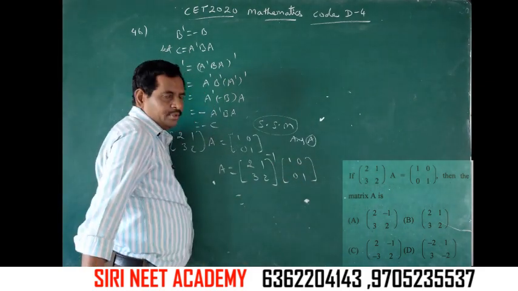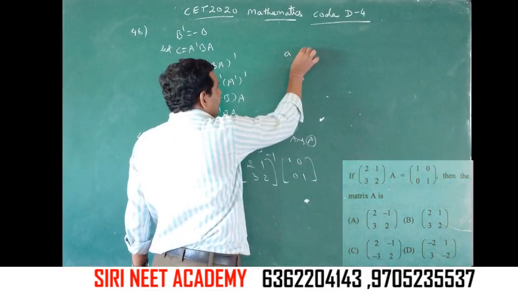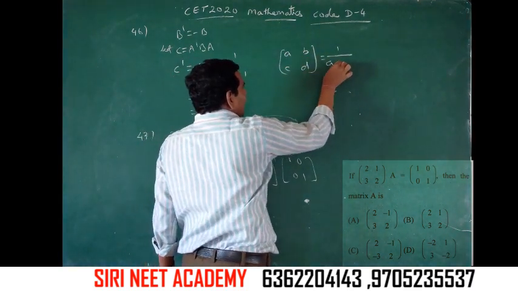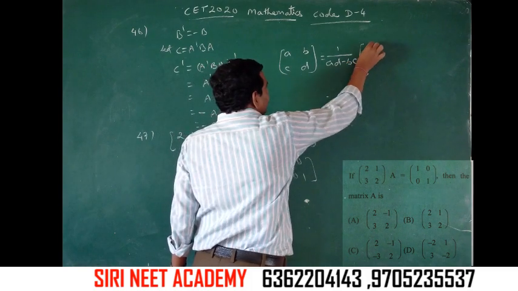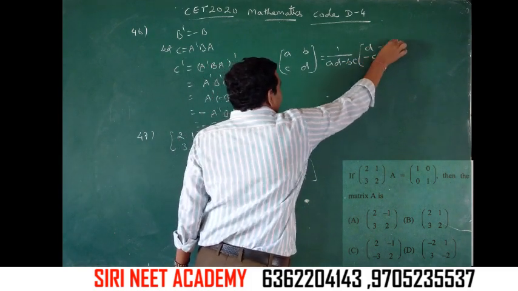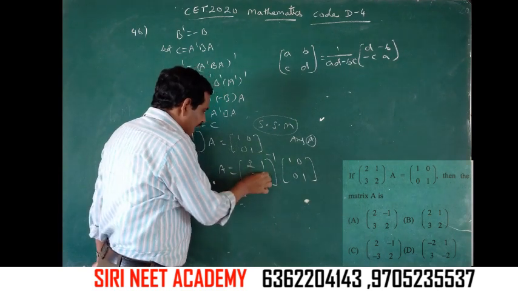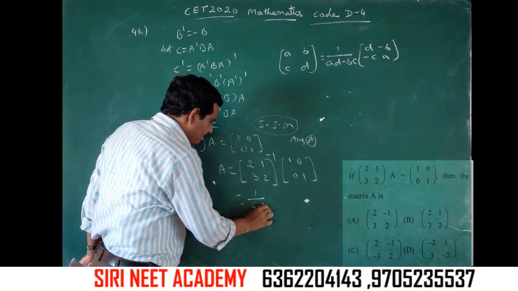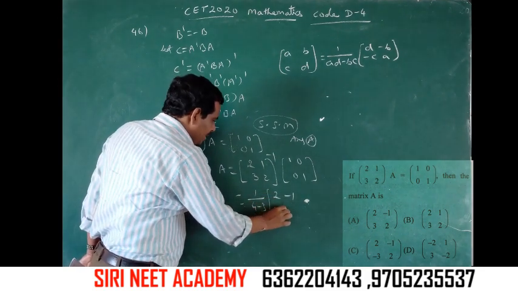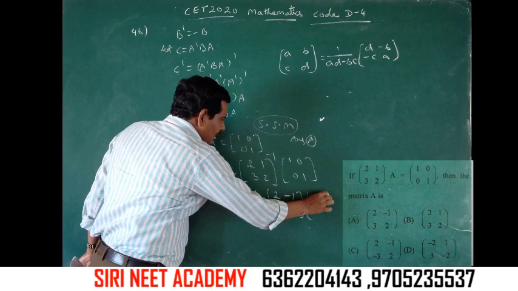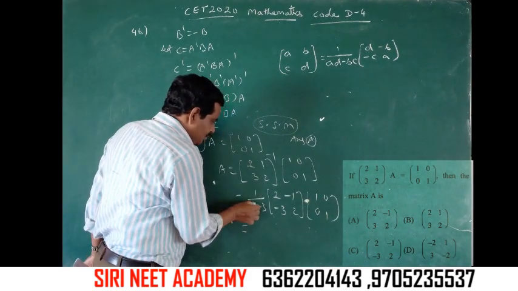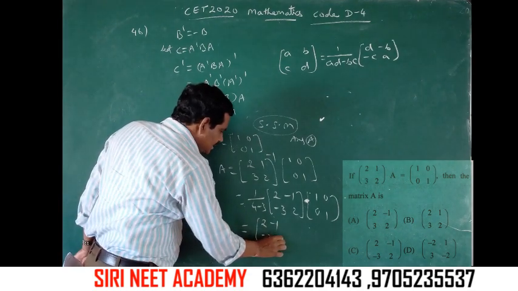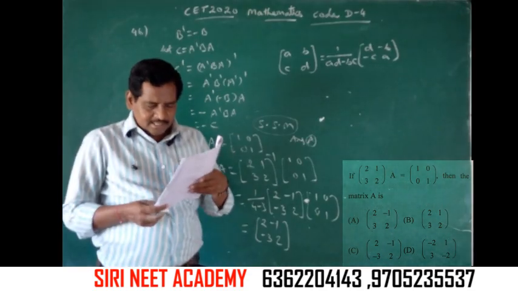So its value, inverse of 2 by 2 matrix A B C D. What is the formula? 1 by AD minus BC into D minus B minus C A. 1 by AD minus BC, 4 minus 3, D minus B minus C A into 1 0 0 1. This is 1. There is identity matrix which results 2 minus 1 minus 3 2. So option is C.